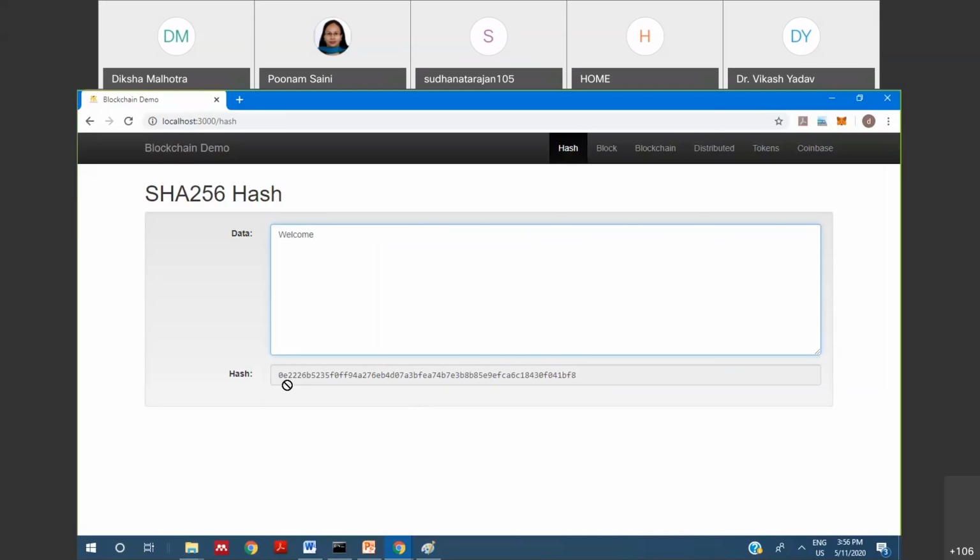Let's change only a single word in the data. You can see the complete hash value will change, whereas the length of the value will remain the same. Again, we can see for the same word, welcome, the hash remains the same. So this is the concept of hashing.